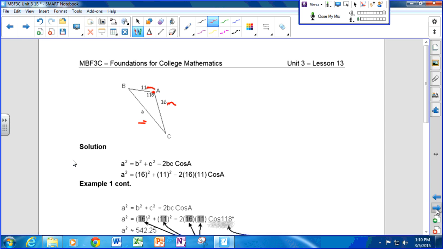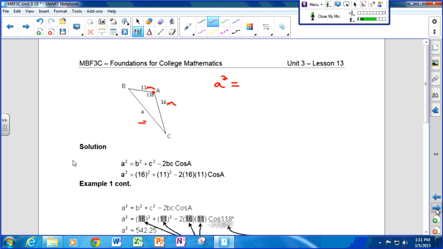Okay. So I'm just going to go ahead and do it. They show it right there, but there's enough room over here on the side. So we want to find A. So we're going to say A squared equals the square of the other two sides that we're looking at.